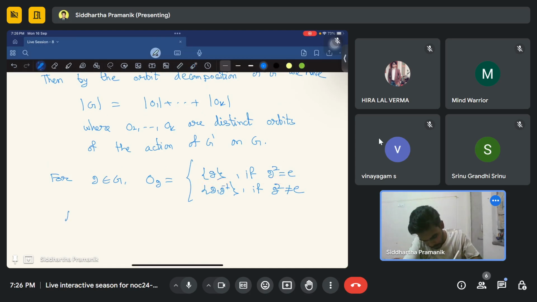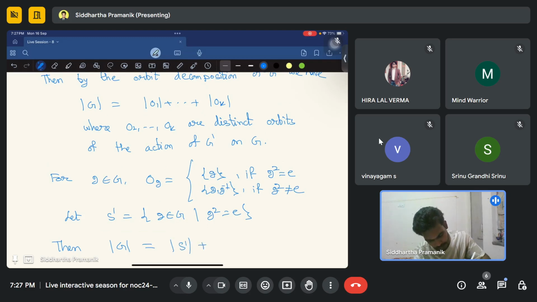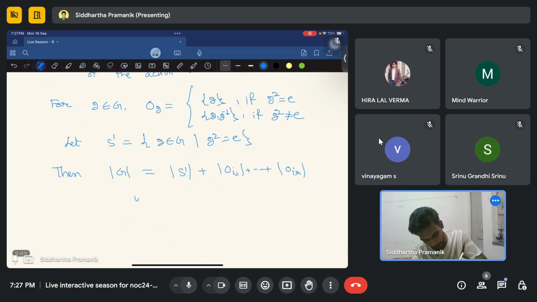Okay, so let S prime be the set of all those elements g whose square is the identity. For this type of element, the orbit is a singleton. So the orbit decomposition gives the cardinality of S prime plus the cardinalities of those orbits that have cardinality exactly 2.